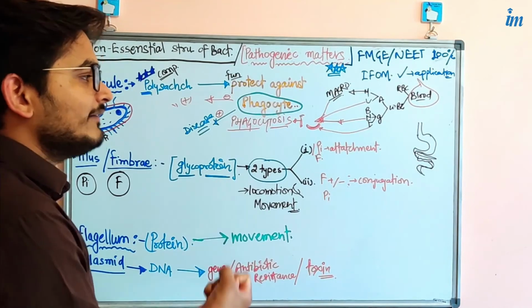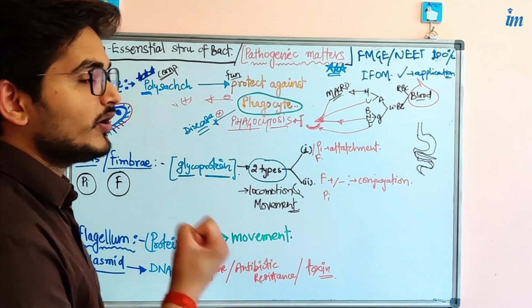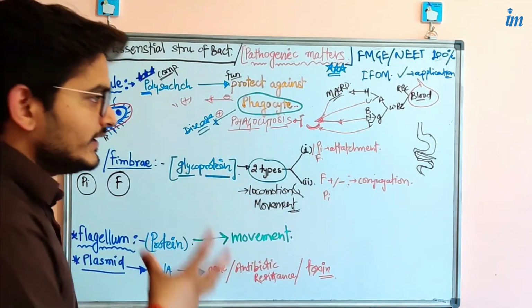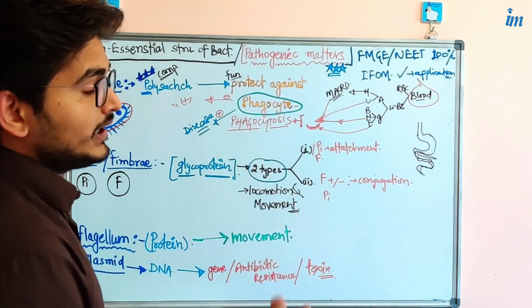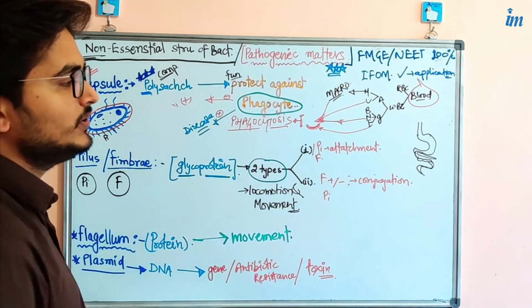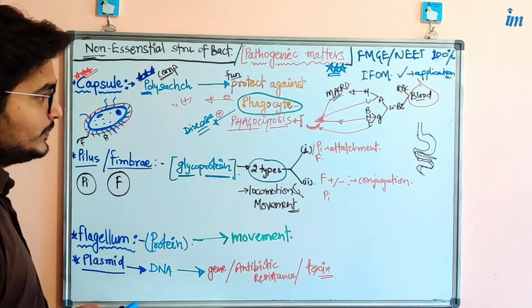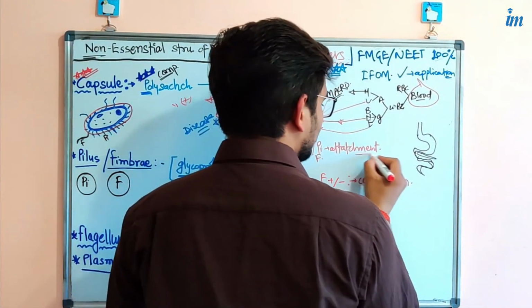If our body has strong capability, known as the defense mechanism or immune system, it protects from the pathogenic activity and kills or destroys that pathogen at that moment. But if our body is unable, then that pathogen causes disease successfully. So the pili and fimbriae are very important for attachment.